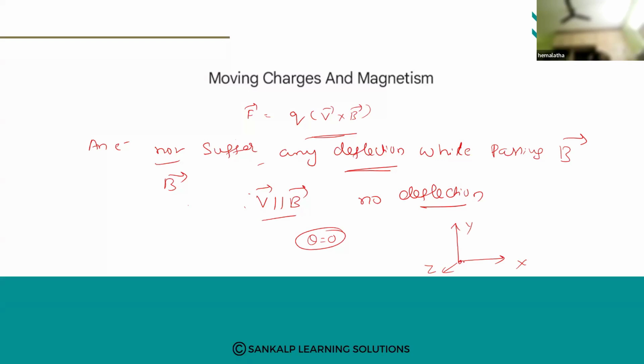Depending on the direction of the proton, it will define the trajectory, a helical path or a circular path. Trajectory of what? Charged particle.